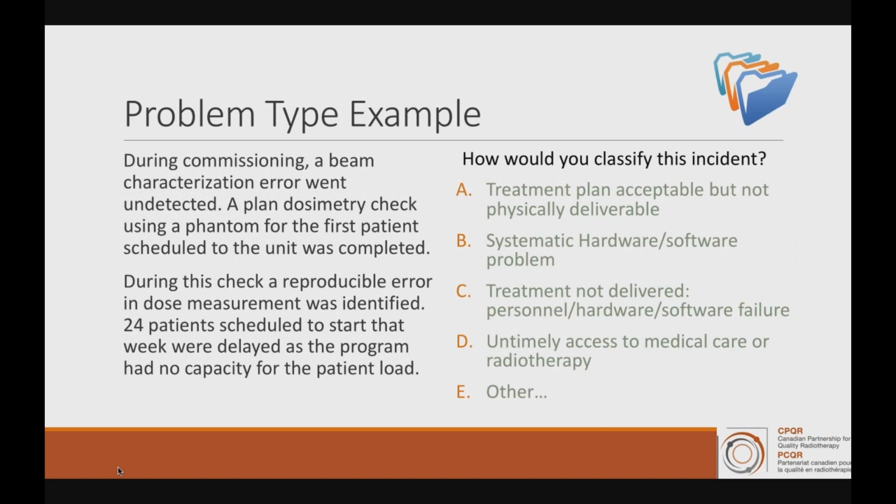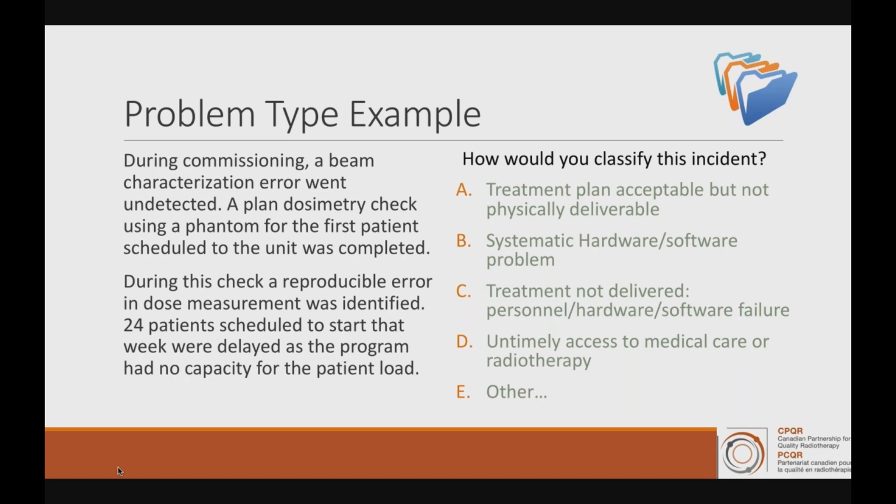So our next example: during commissioning, a beam characterization error went undetected. A planned dosimetry check using a phantom for the first patient scheduled to the unit was completed. During this check, a reproducible error in dose measurement was identified. 24 patients scheduled to start the week were delayed as the program had no capacity for the patient load.